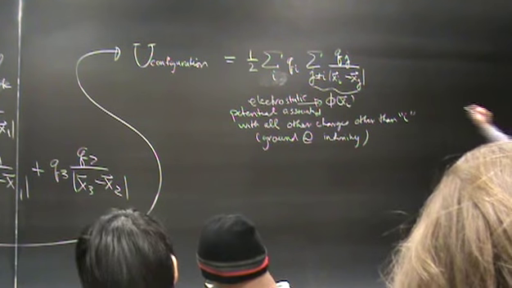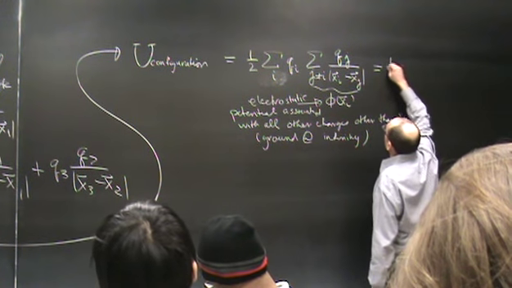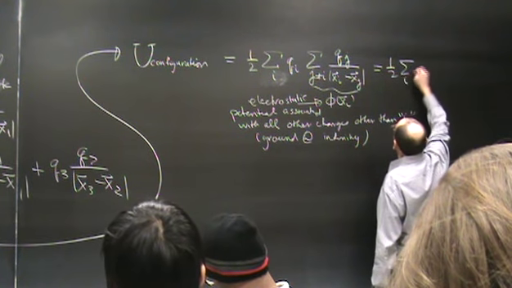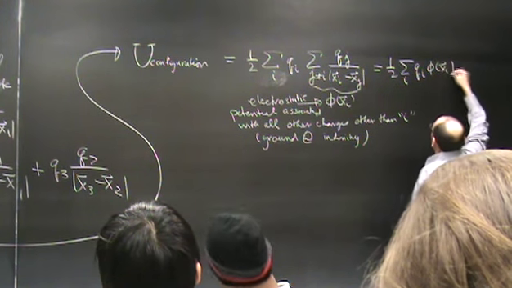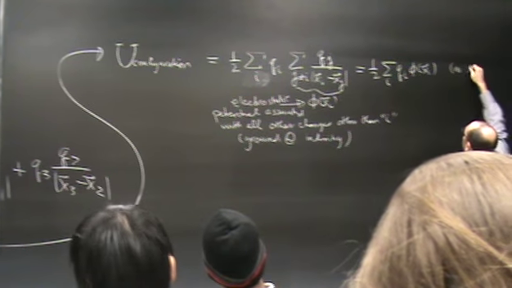So I can write this as 1/2 the sum over i of Qi times the potential at i, with no self-energy.